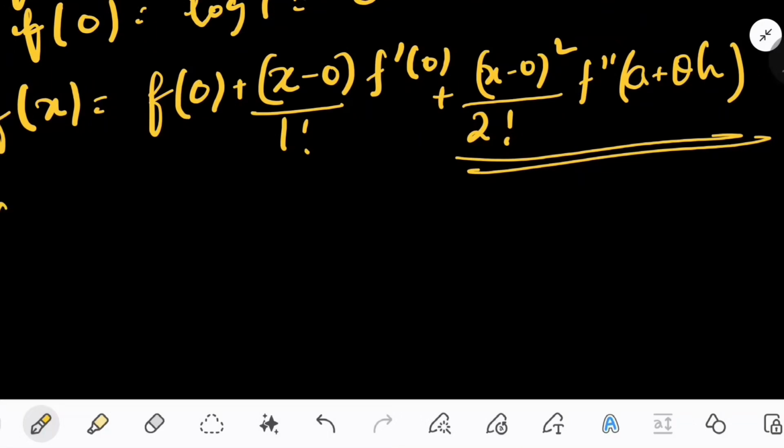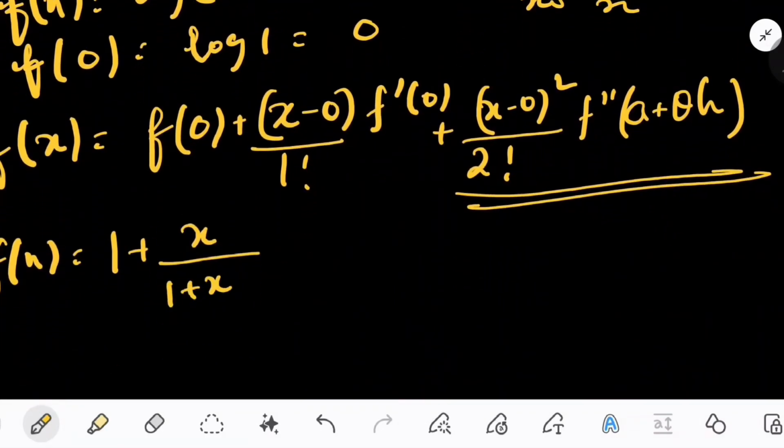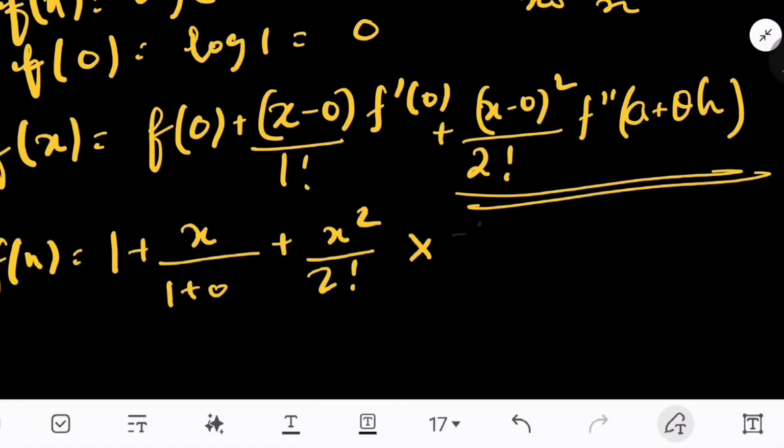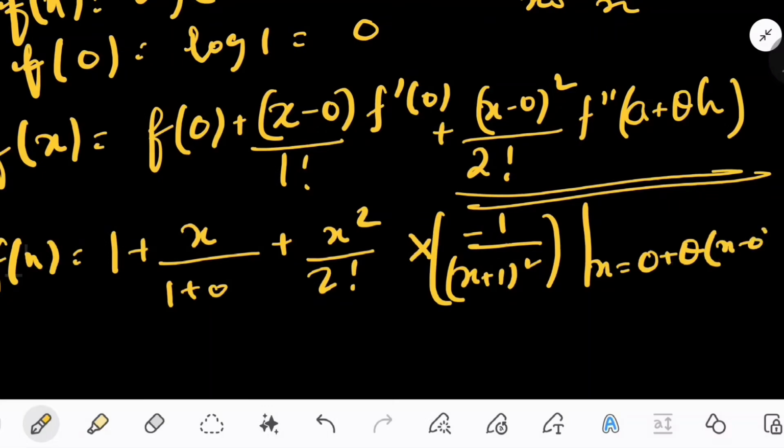That is the thing. So f(x) is equal to, what is the derivative of log of (1 plus x)? It is 1 by (1 plus x), right? I hope you understood, right? And we are evaluating it at 0, plus 0, okay? Plus x square by 2 factorial. What is the derivative of 1 by (1 plus x)? It is equal to negative 1 upon (x plus 1) whole square, evaluated at x equal to, what is a? a is equal to 0, theta x minus 0, right?